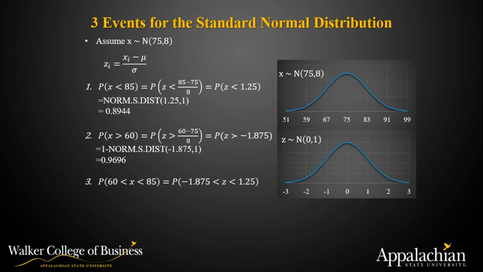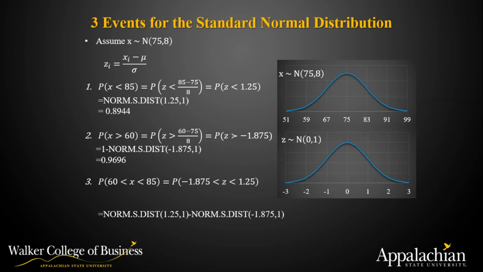And our last type of event where we calculate the probability that x falls between two values. In the example here, we're going to calculate the probability that x falls between 60 and 85 again. Using the standardized values, we see that the chance that x falls between 85 and 60 is the same as the probability that z lies between negative 1.875 and positive 1.25.